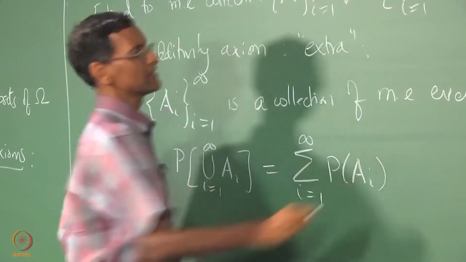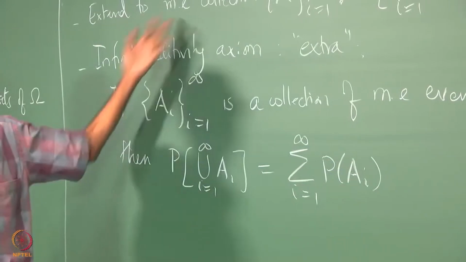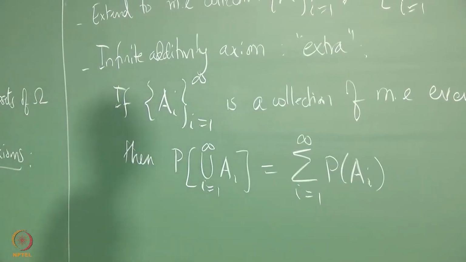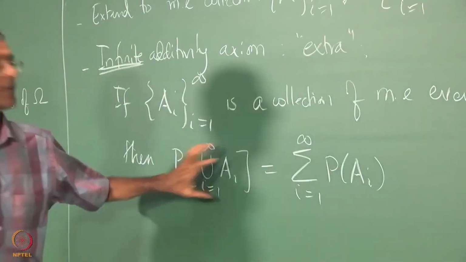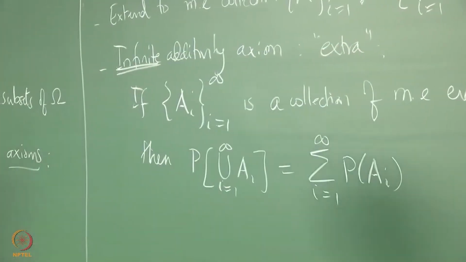So this is stated on top of this. Note that this again is a number which has to lie between 0 and 1, and this union has to be no bigger than Omega.